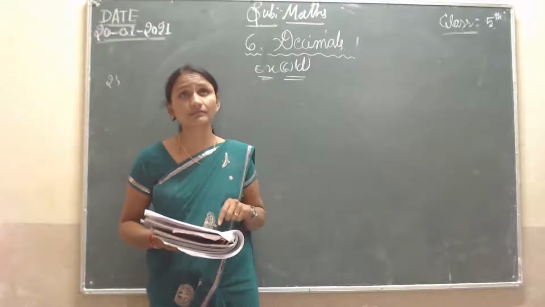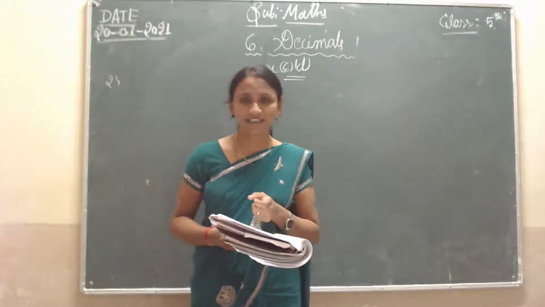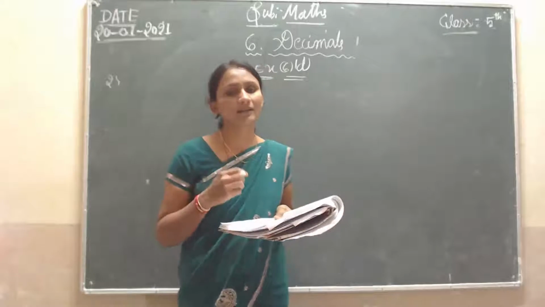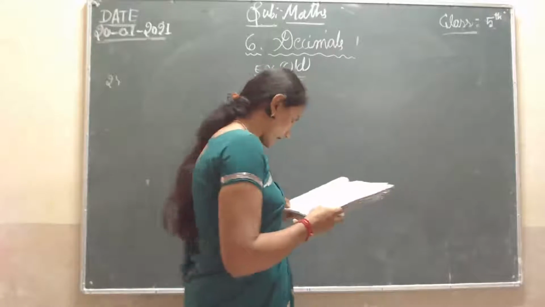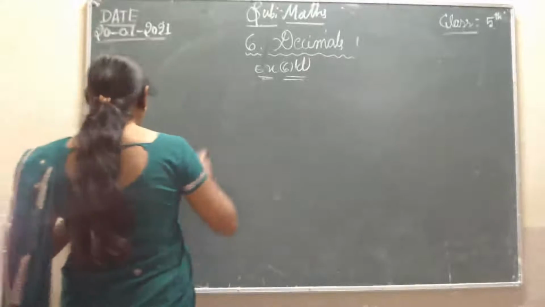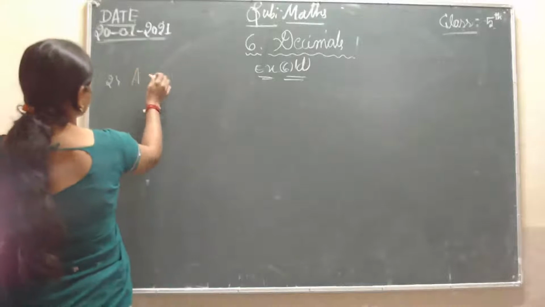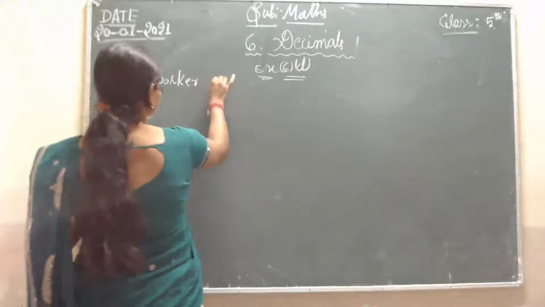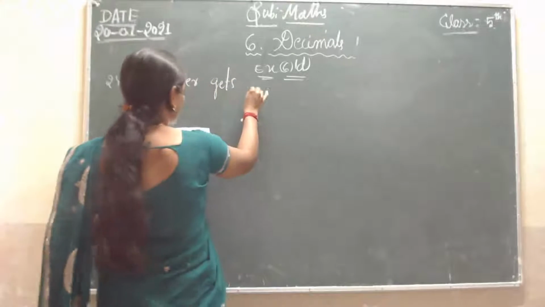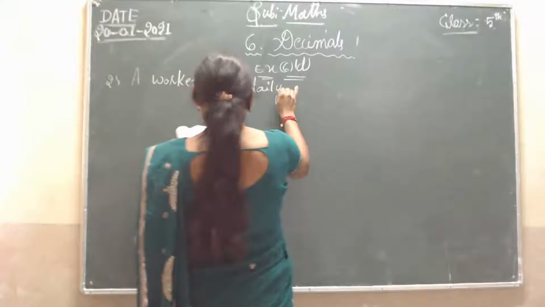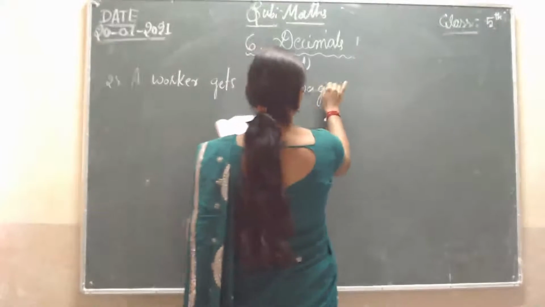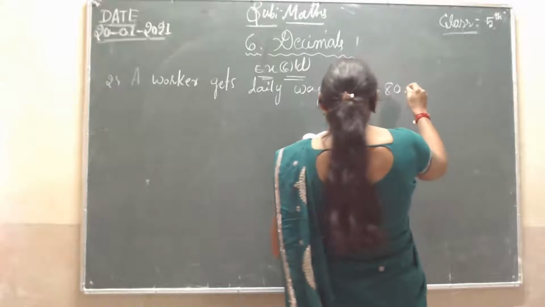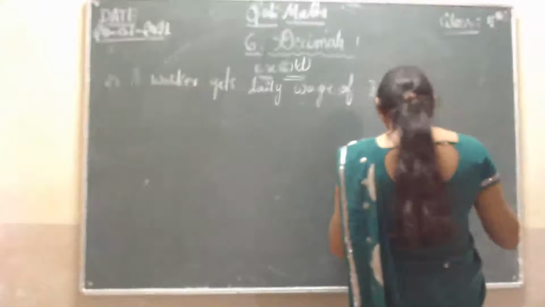In Kannada we say kooli koduvaru. Workers are labourers, so wages are what the workers get. Can you see from here: a worker gets a daily wage of 80 rupees 85 paise.